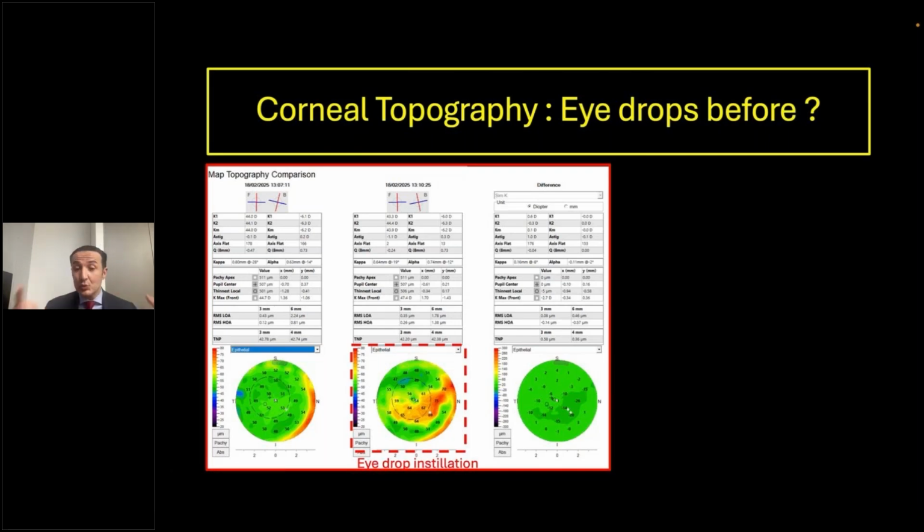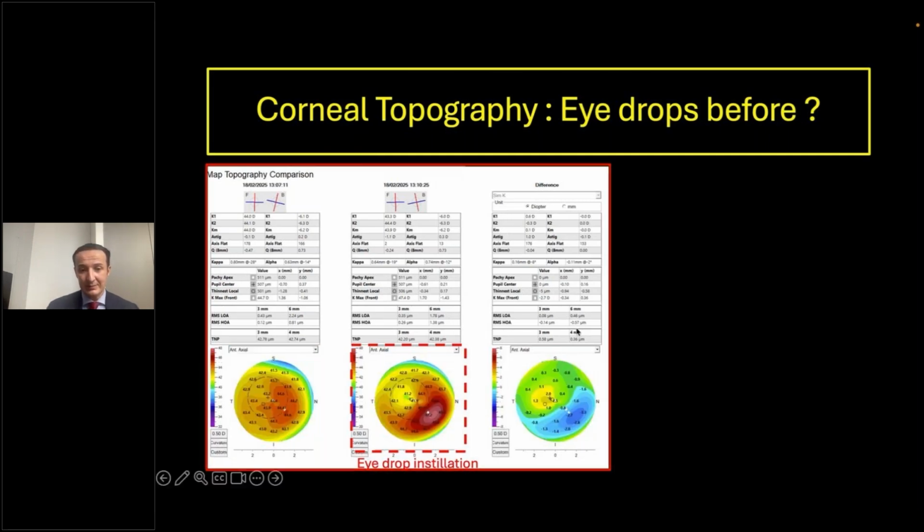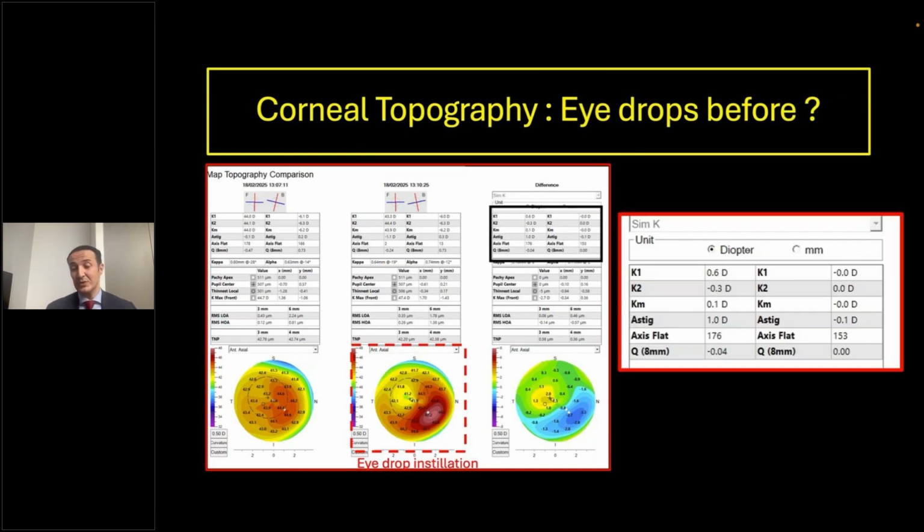And we would like to know what is the consequence on the keratometry. And look here, when you put the eye drop installation, you induce a modification of the astigmatism of 1 diopter. It's very, very important. That's why you have to consider the astigmatism changes due to the eye drop installation before the corneal topography.